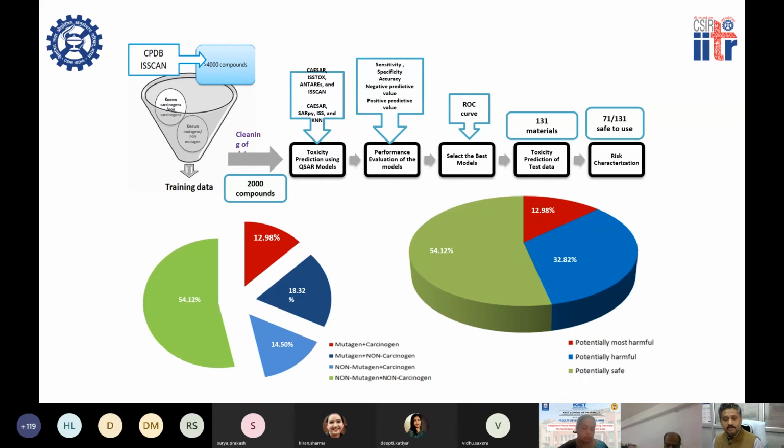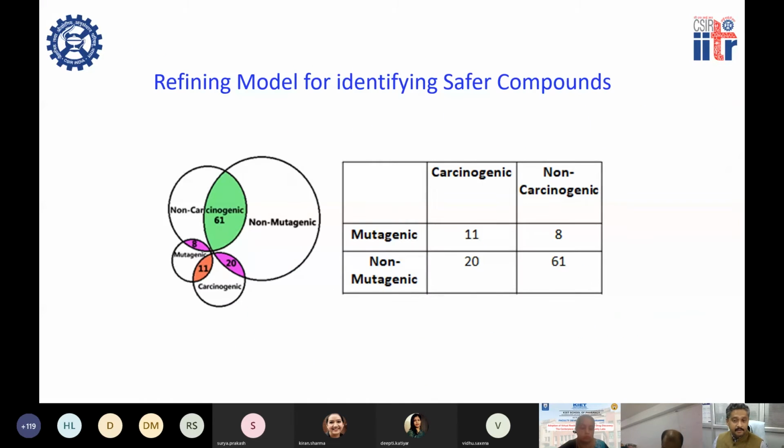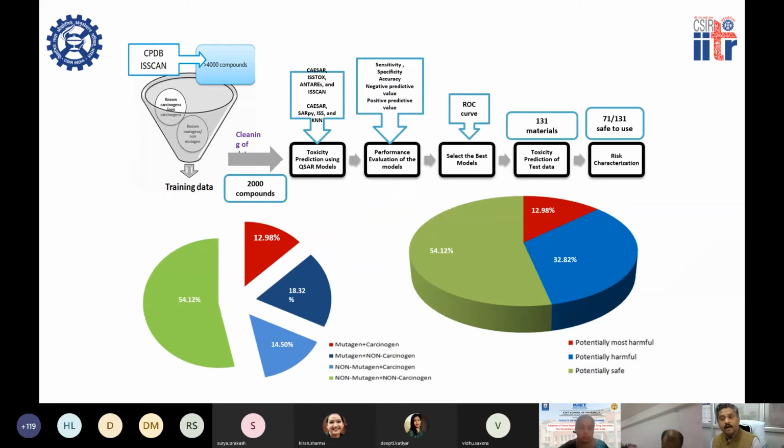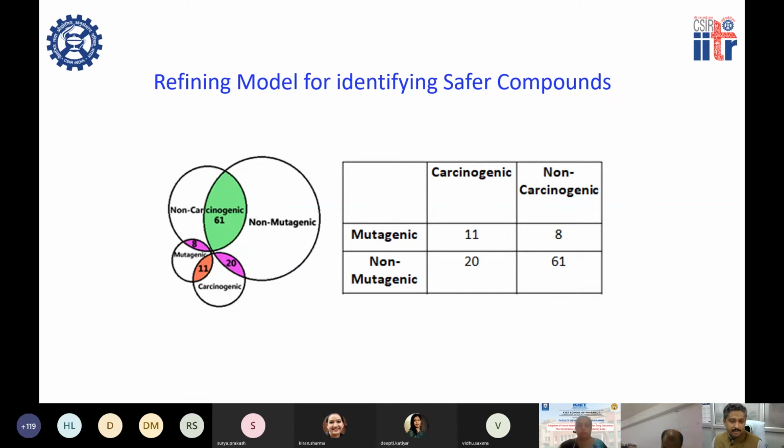Then, using these models, we started predicting for the 131 compounds, our specialty chemicals of interest. For some of them, we had collected experimentally available data and compared it with our predictions as well. We also made a new analysis called overlapping analysis, looking at overlap between carcinogen and non-carcinogen, mutagen with carcinogen, or carcinogen with non-mutagen.